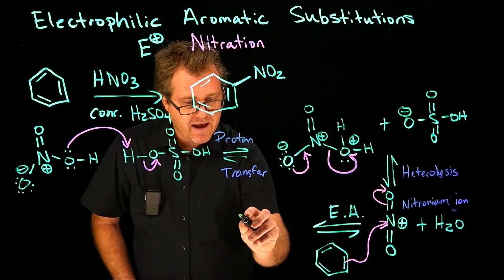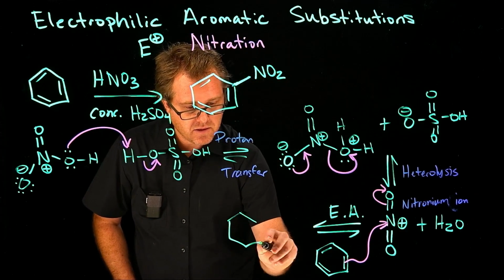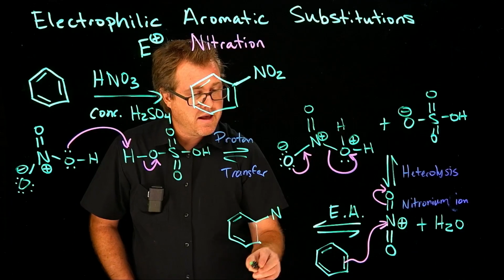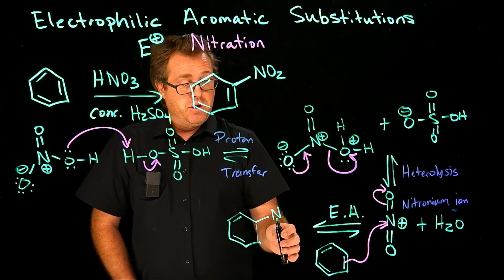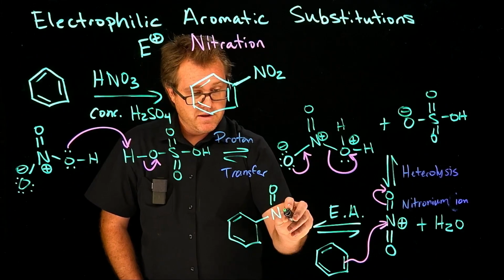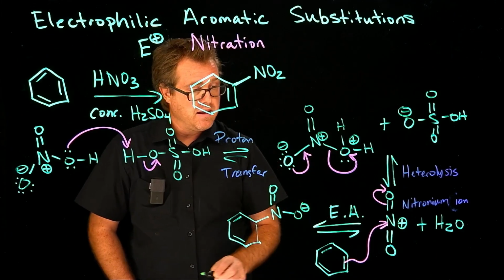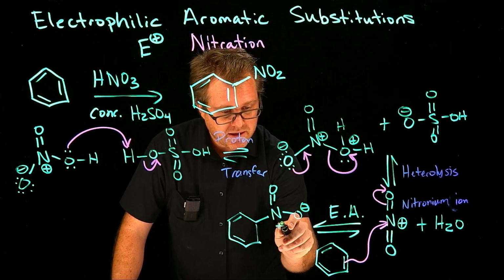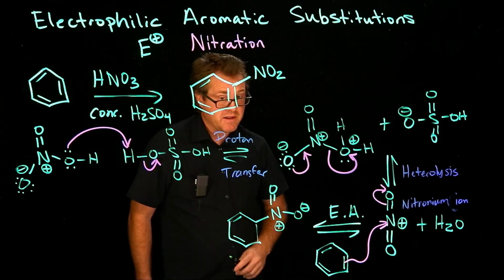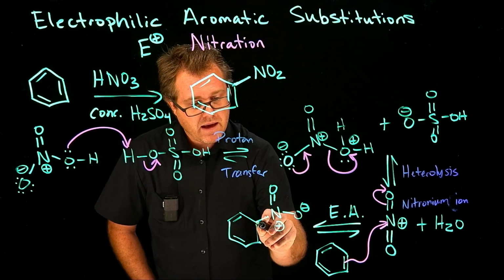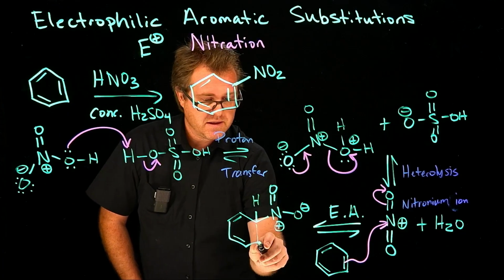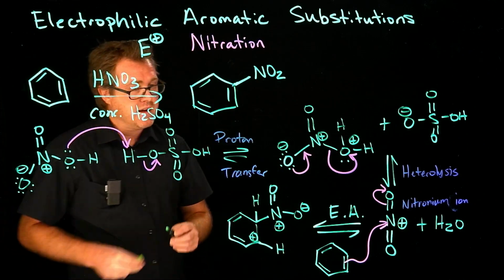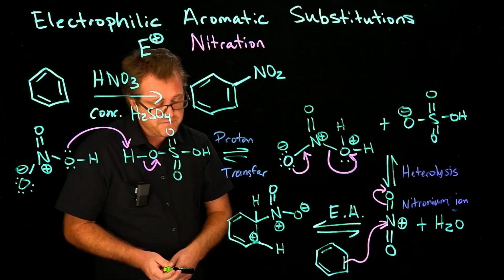So now we have this species, and you could draw it like this if you wanted. But that nitrogen still has 4 bonds, so it's positively charged. We have a hydrogen there, and that carbon is lacking an octet, so it has to be positively charged.